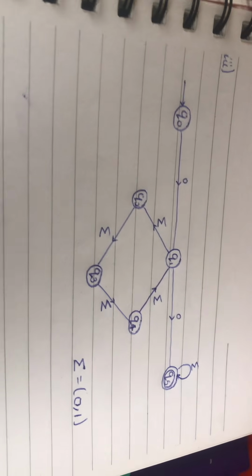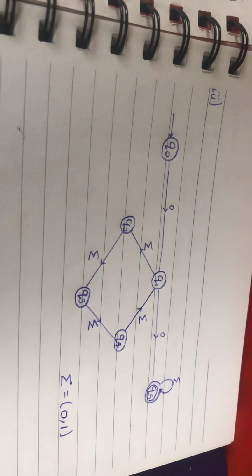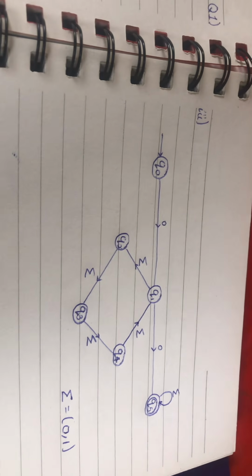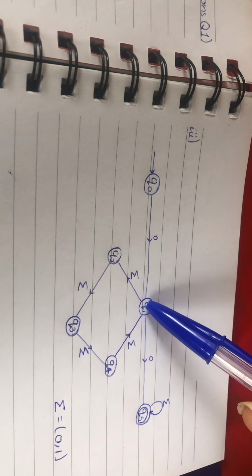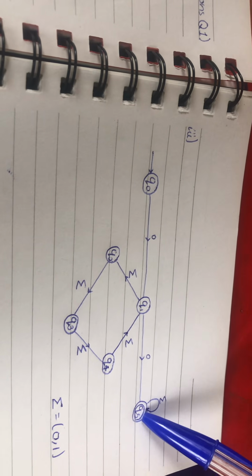So how I did it: let's take our language. 0, 0 should be accepted. So Q0 on 0 goes to Q1, and 0 is now accepted.